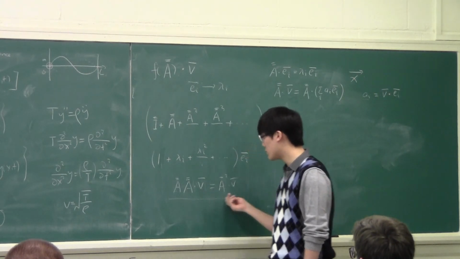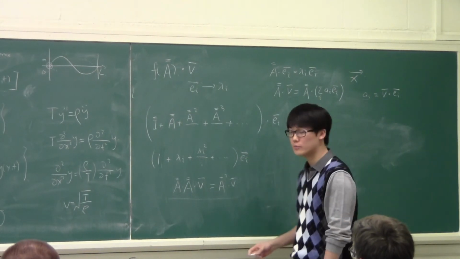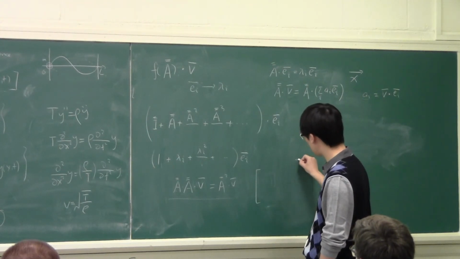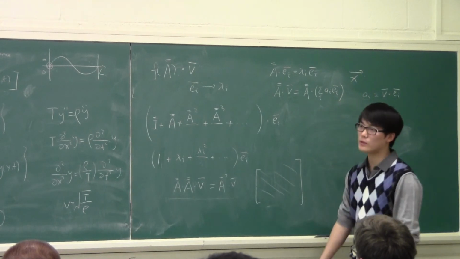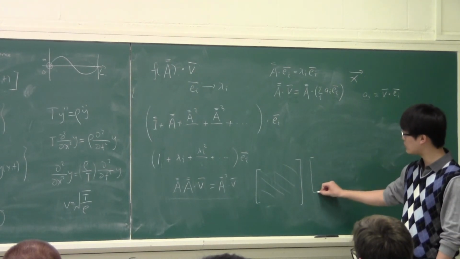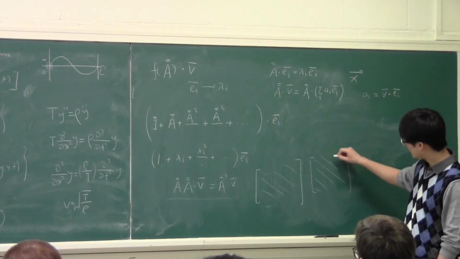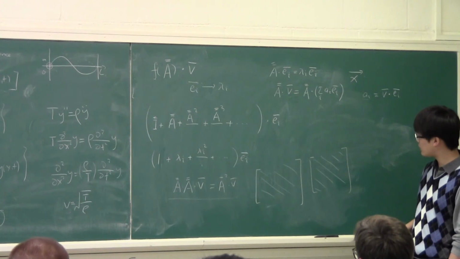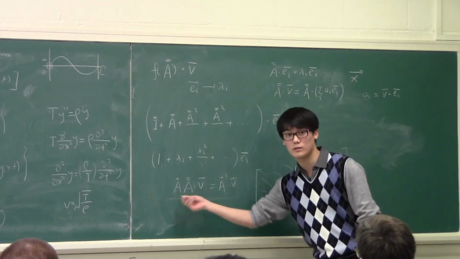Why do I write this down? Because in the normal representation, the matrix is a row and column of numbers. Say we want to define matrix multiplication, but there are many ways to multiply two things together. Let me just remind you that matrix multiplication has this meaning.